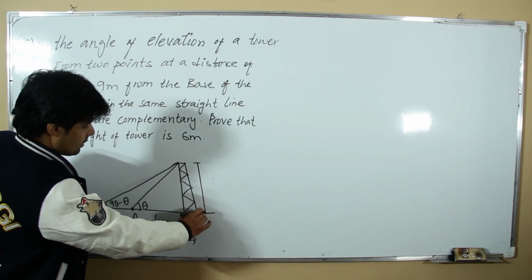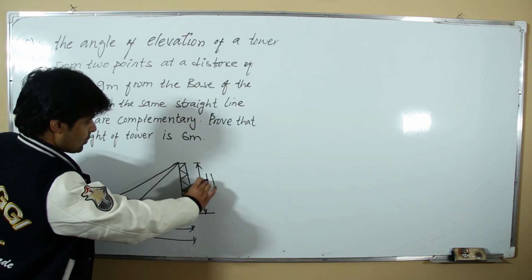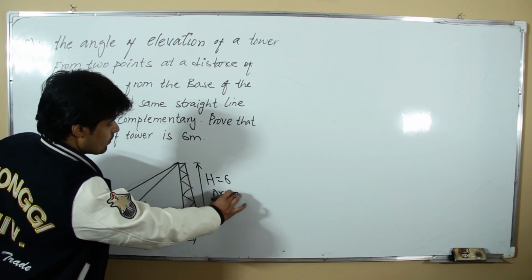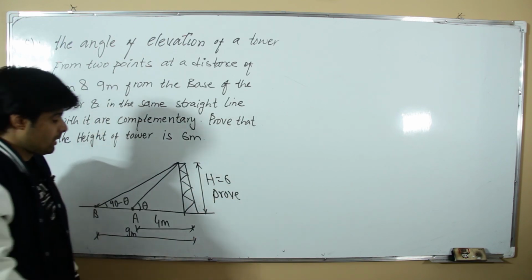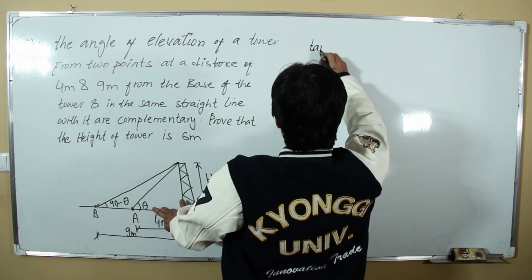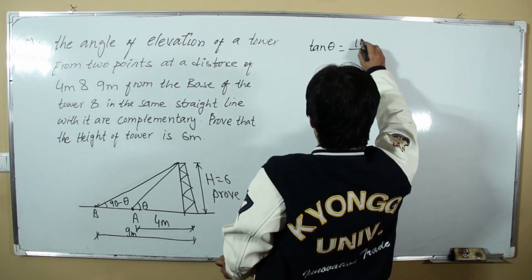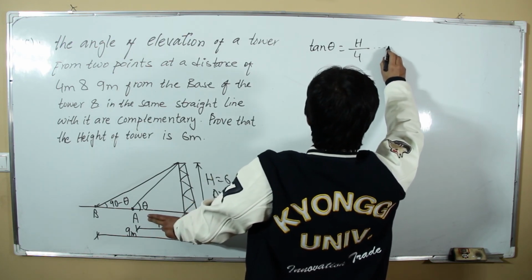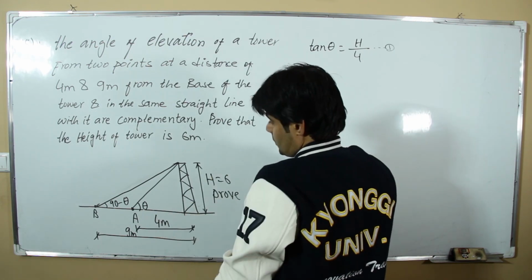This height h, it is 6, but you have to prove that it should be 6 meters. By the way, first I will define tangent of theta, which is h divided by this one, 4. This is our first equation.